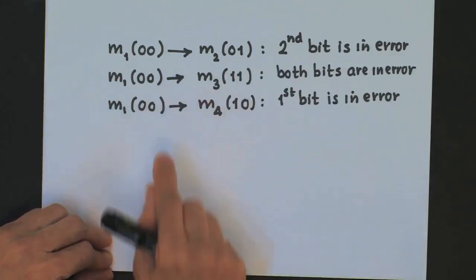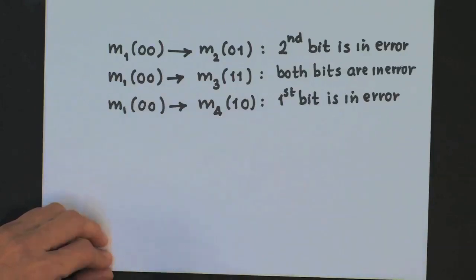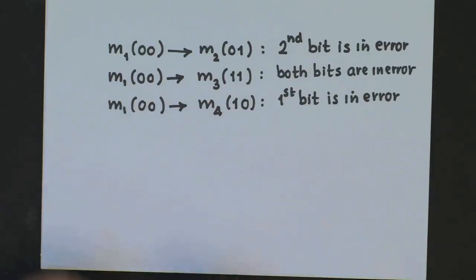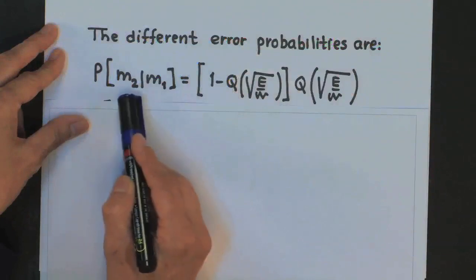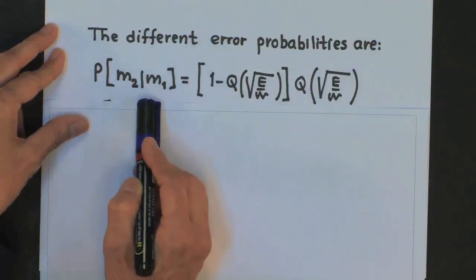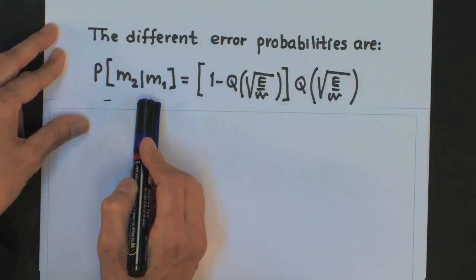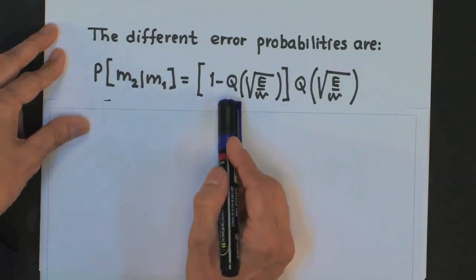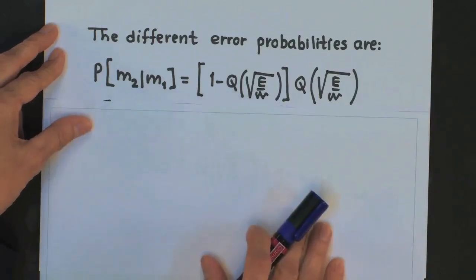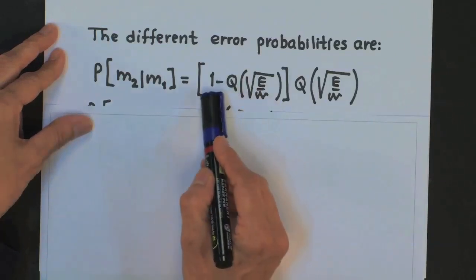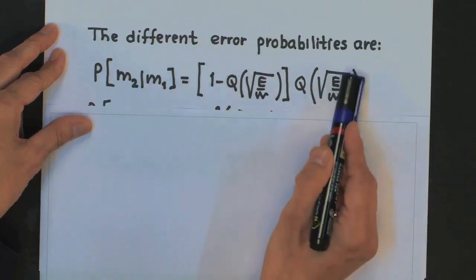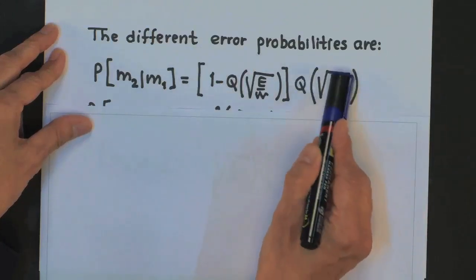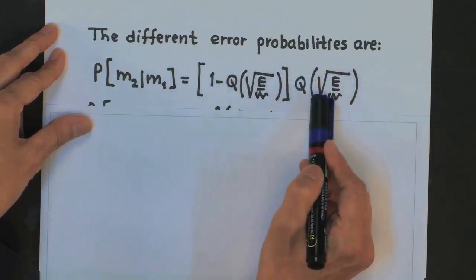So, the different error probabilities can be computed very easily. The probability that we decode as M2 given M1 implies that the first bit should be correct, and that would be given by this expression, and this is the probability that the second bit goes in error.